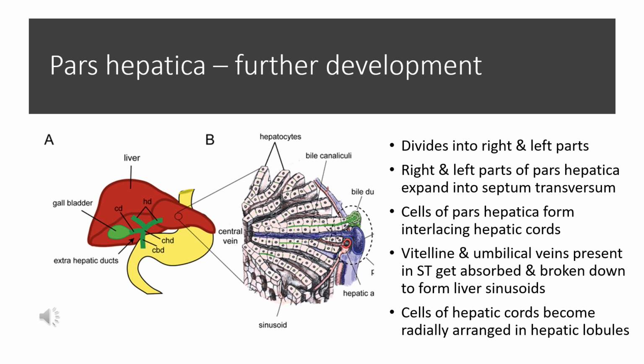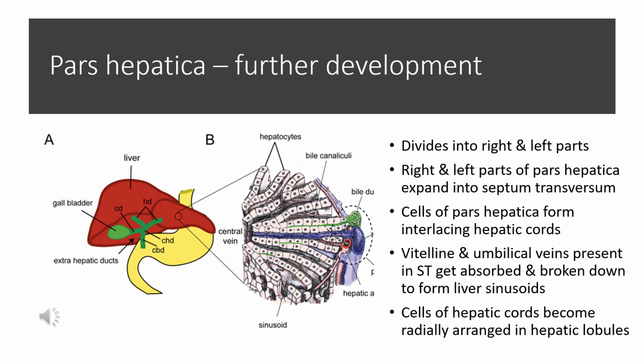What happens during this process is that the vitelline and the umbilical veins, which are present within the septum transversum, get absorbed and broken down to form the liver sinusoids. The cells of the hepatic cords later on become radially arranged in the hepatic lobules.